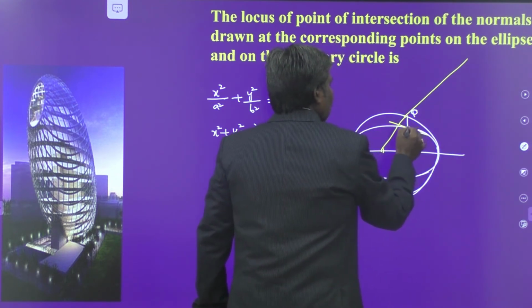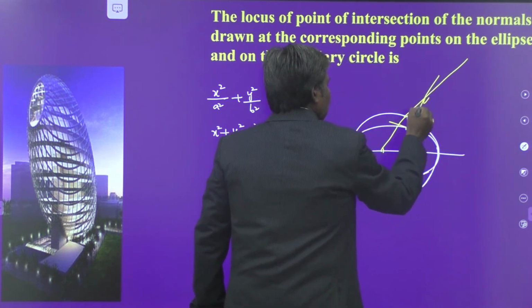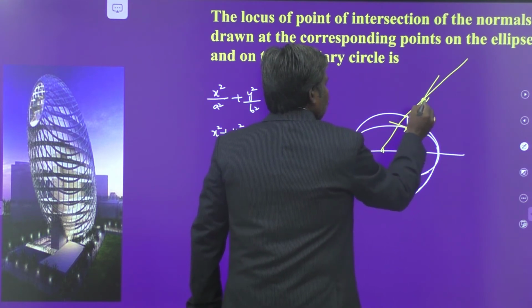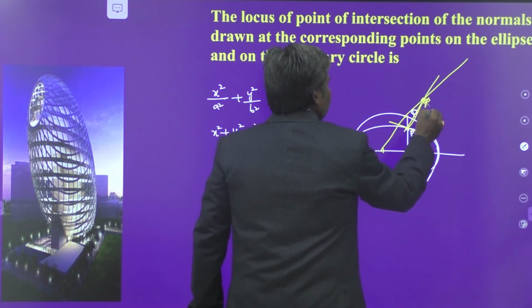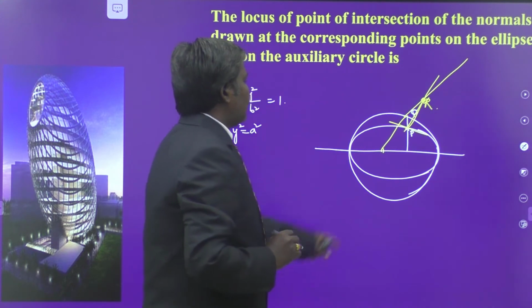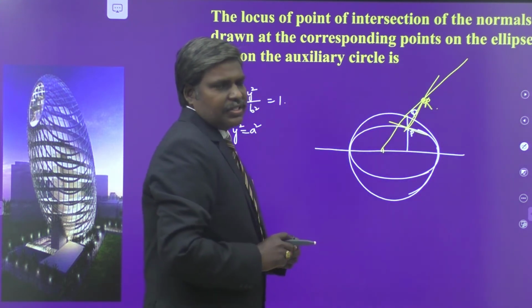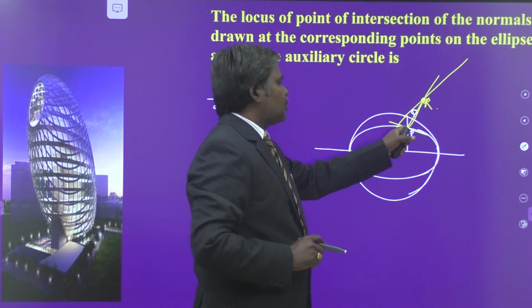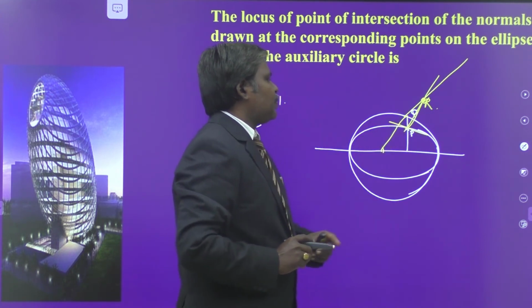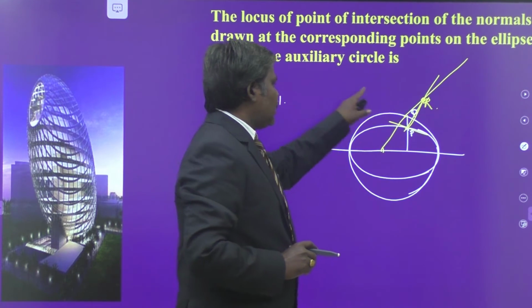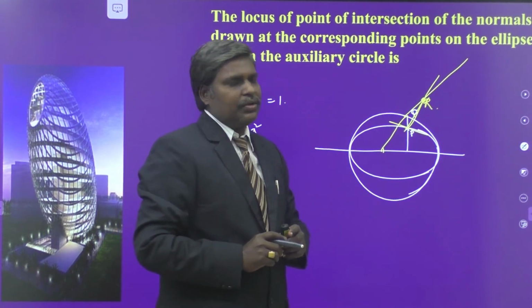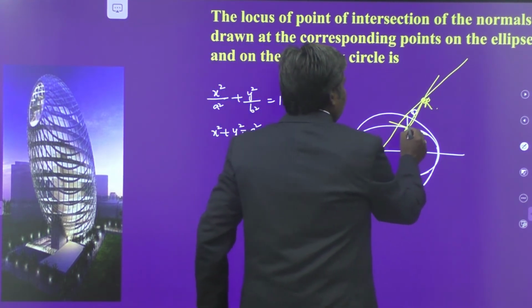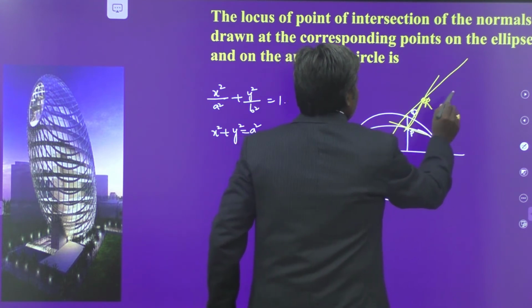If you draw the normal to this one, this is the normal. These two intersect at this point. Suppose this is R. We have to find out the locus of that point of intersection, of normals drawn at P and its corresponding point Q on the auxiliary circle. So this is point P, this is corresponding point Q, this is R.